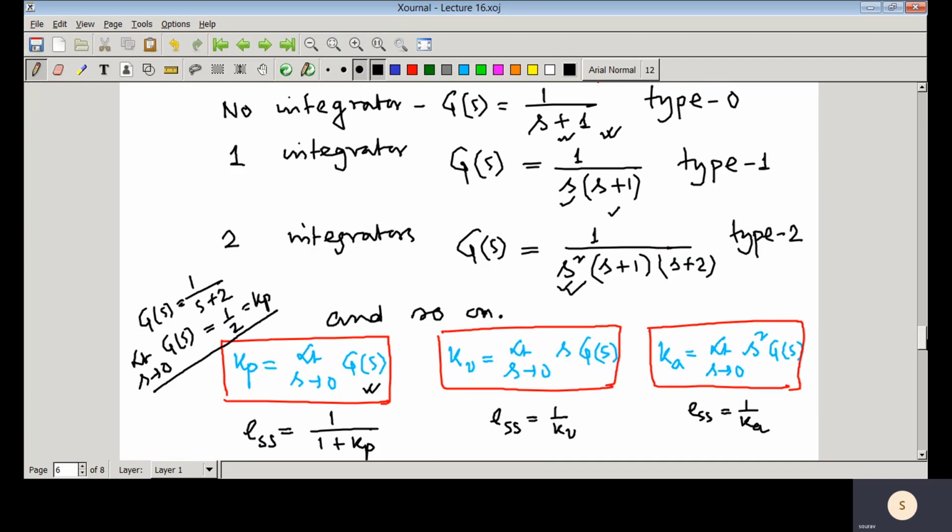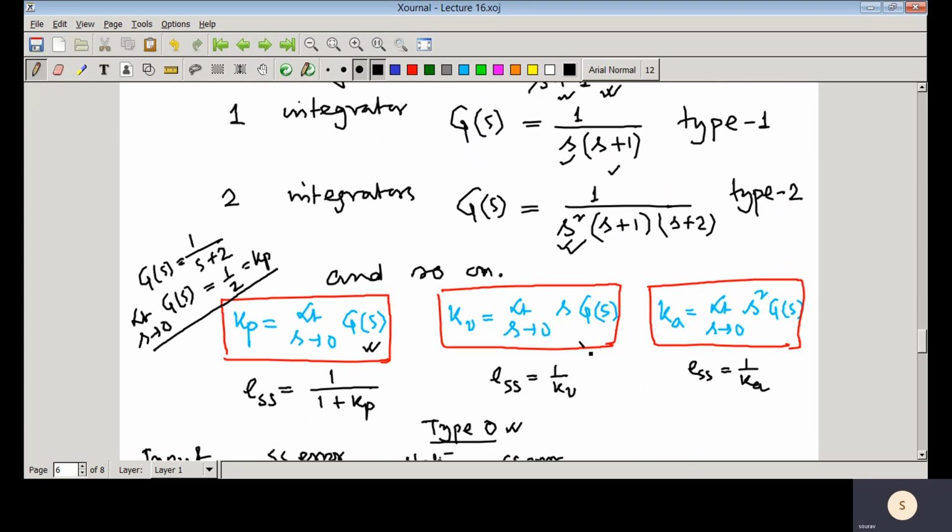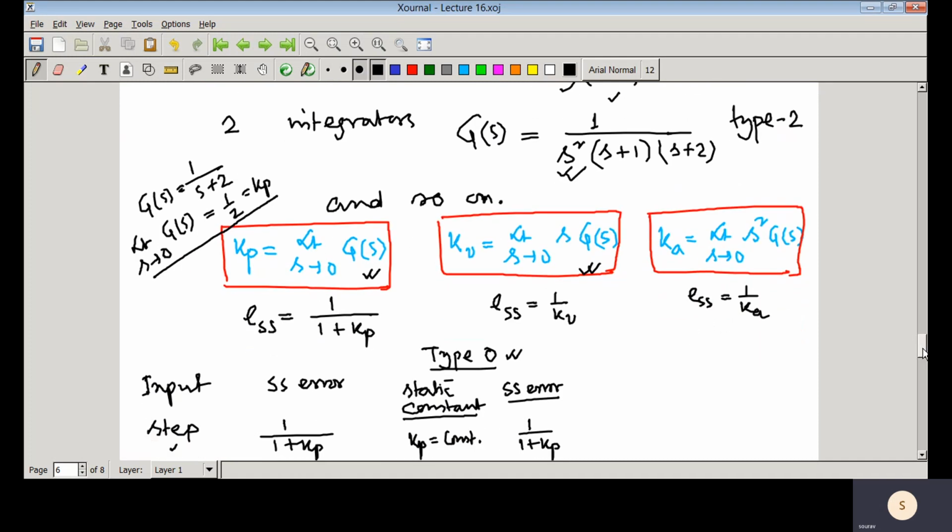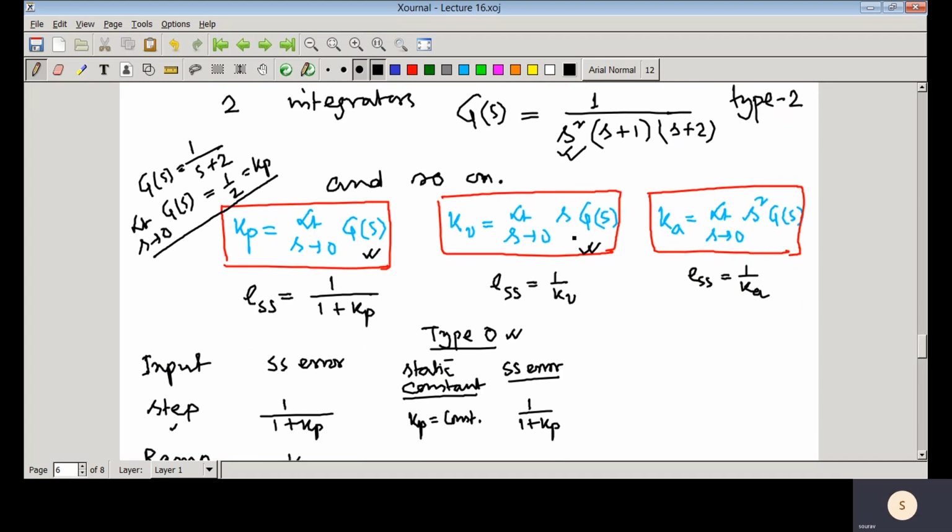Now what would be Kv? Kv, you can see that this is that expression, and G(s) is say suppose 1 by (s plus 1), because we are discussing a type 0 system. So what would be Kv? Kv would be equal to s divided by (s plus 1), because G(s) equals 1 by (s plus 1).